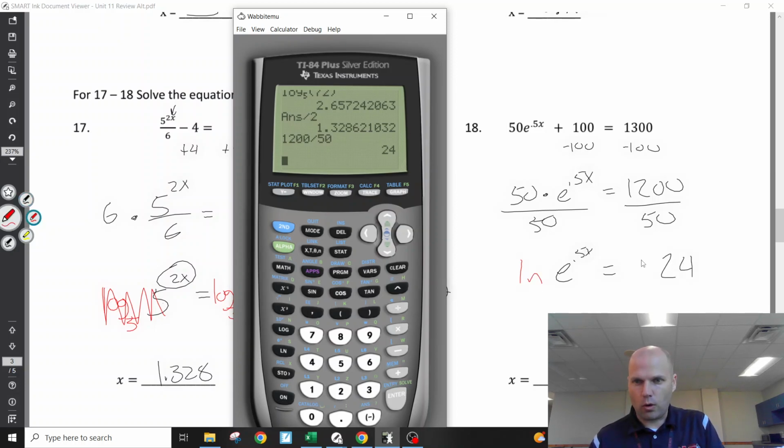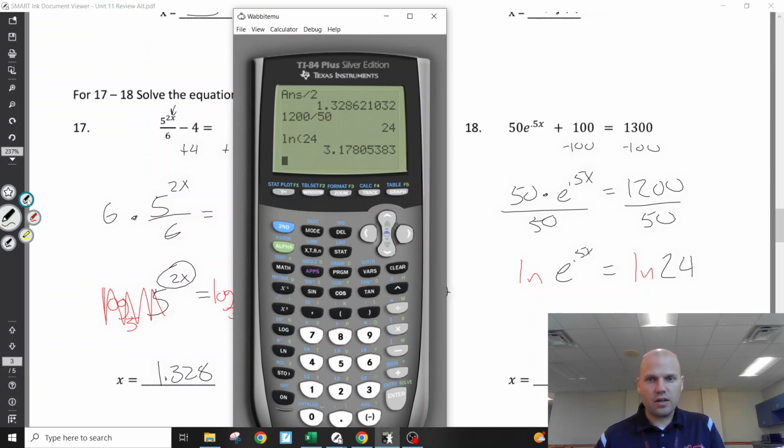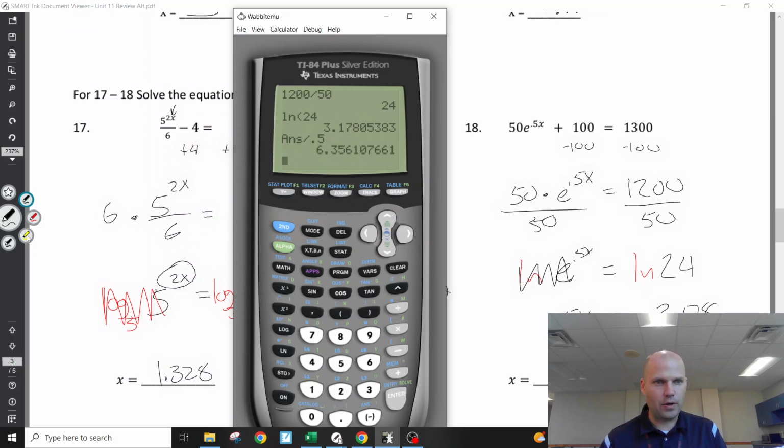Take log base e, or natural log, of both sides, natural log of 24. Over on the left side, 0.5x stays. This is 3.178 dot dot dot. Take that number and divide by 0.5 to solve for x. 6.356.